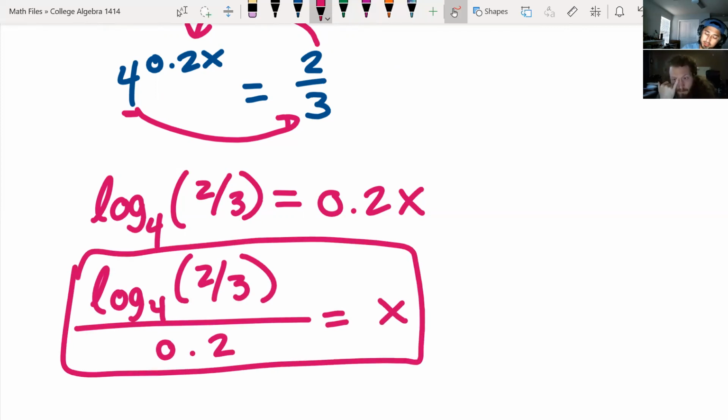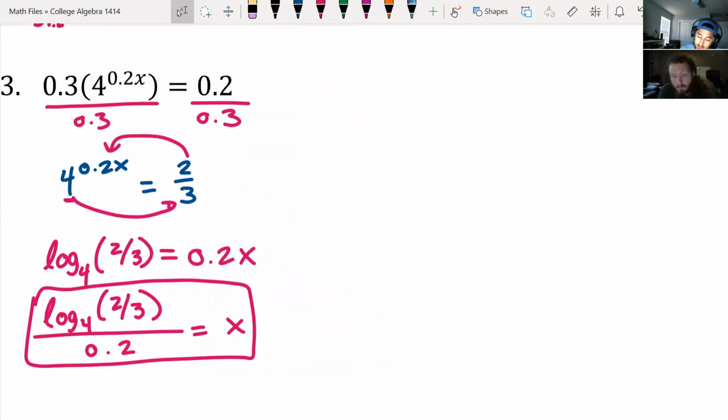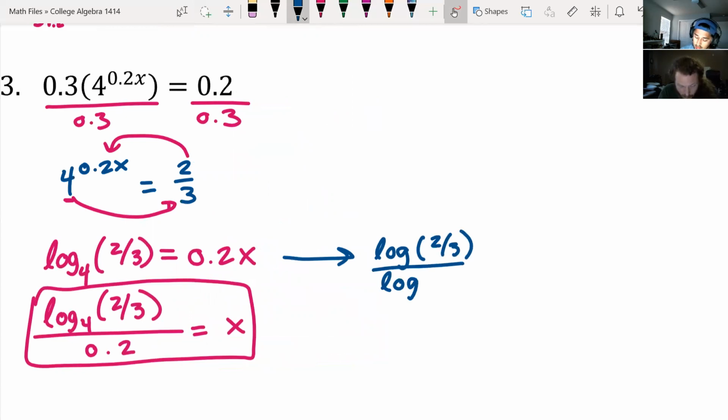But if it wanted you to convert it to decimal, then we could write it like this. You would first do change of base, and you would get log of 2/3 over log of 4 equal to 0.2x. And then I would calculate what that is.